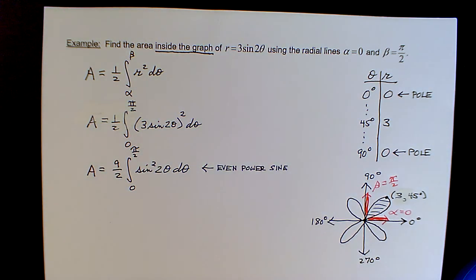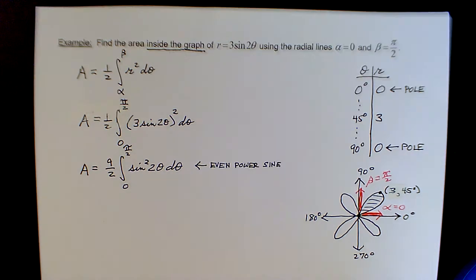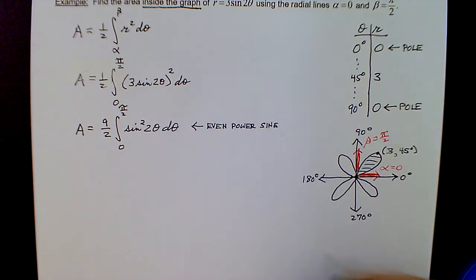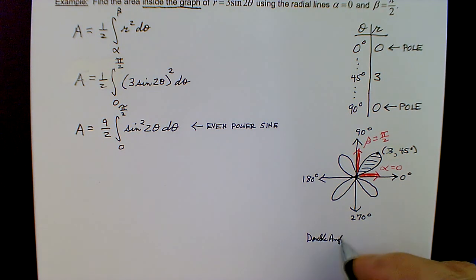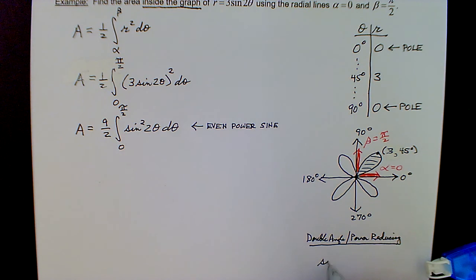If you're taking engineering, even differential equations, sine squared and cosine squared appear quite often. And if you have to integrate them, then you might recall what we need is what I like to refer to as the double angle / power reducing formulas.